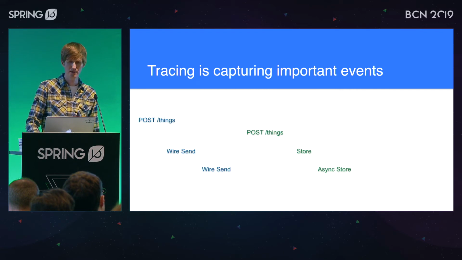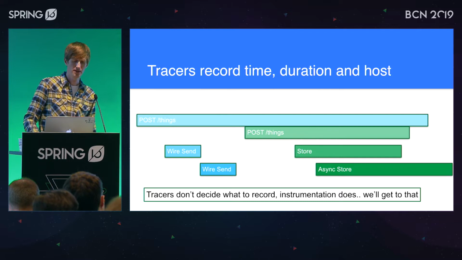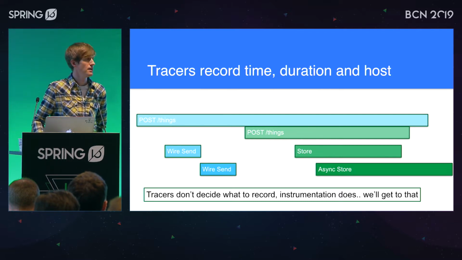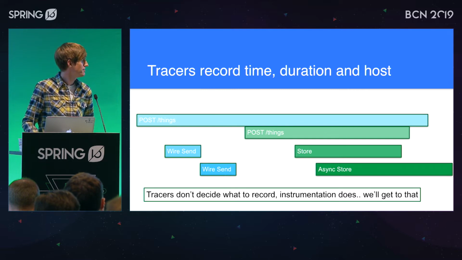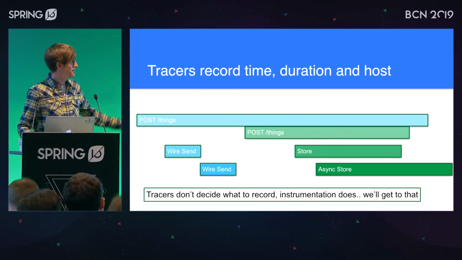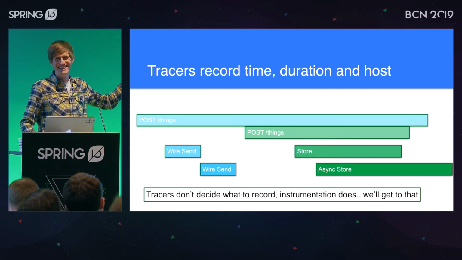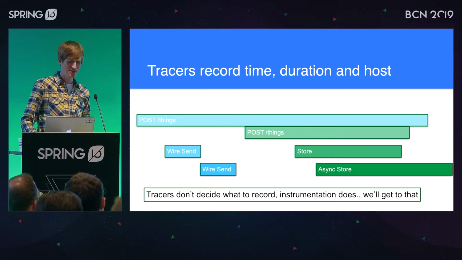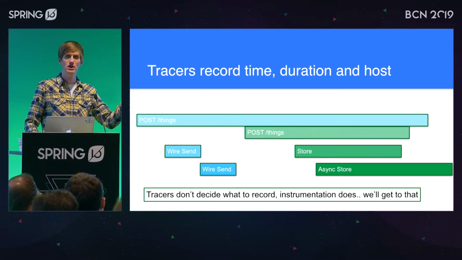Tracing is capturing those things. The tracers are going to be recording this, and I'm showing color here, highlighting that I'm not very sensitive to people with color blindness. But the gray one is one host, and then the more gray one is a different host. So the idea is that a tracer actually lives on one host.